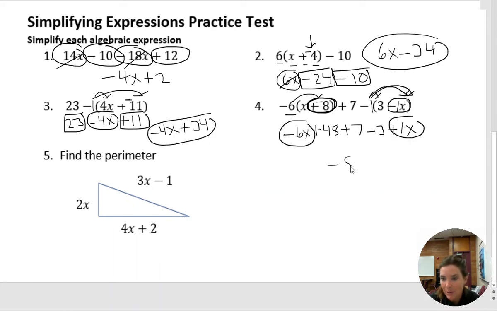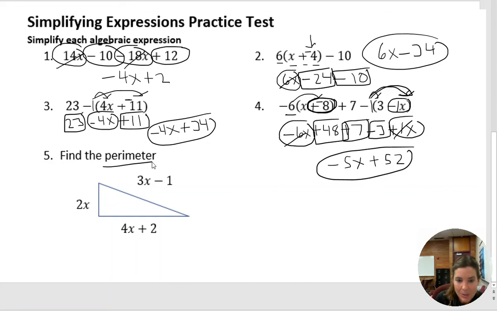When we combine those, we get a negative 5x. And then we have a 48, we have a 7, and we have a negative 3. So when we combine those, we're going to have a 55, and then 55 minus 3 is a 52. Final answer.